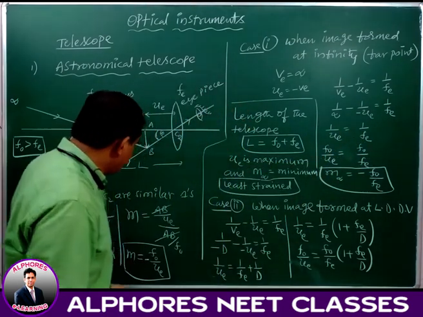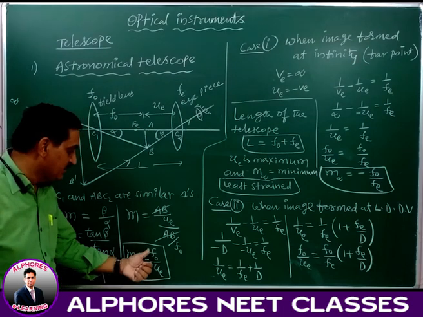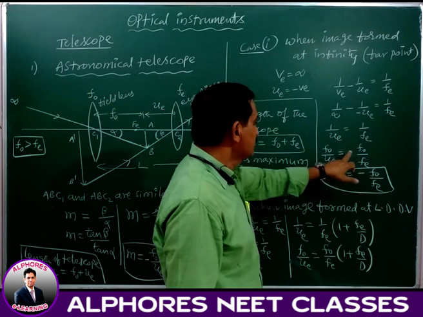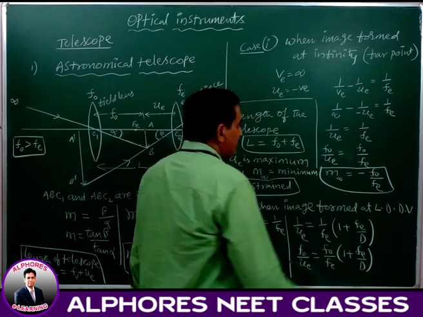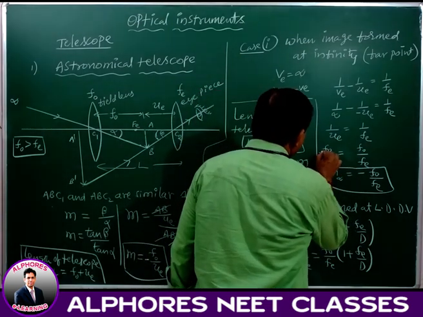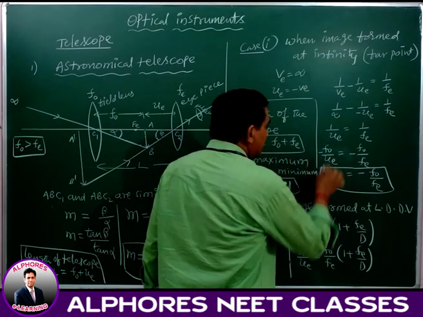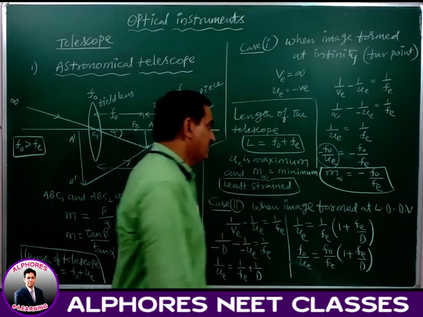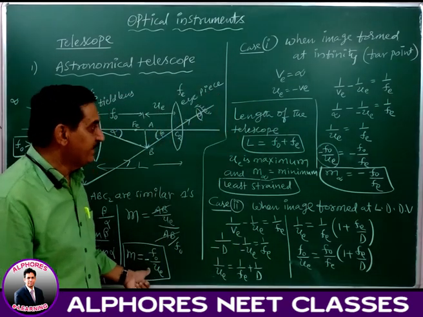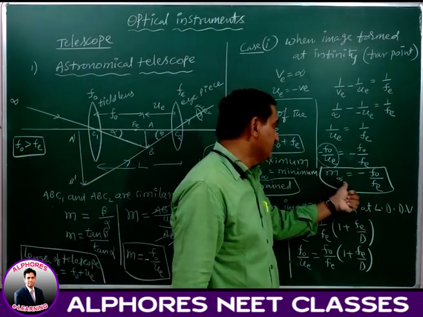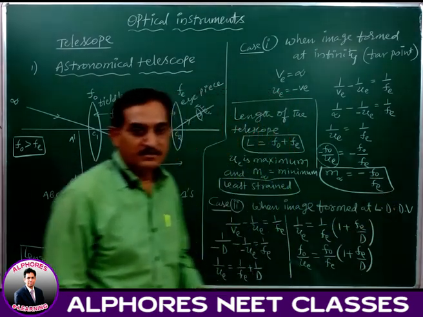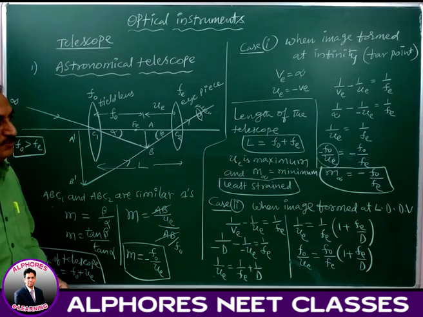Now, as we know, the fundamental magnification formula is F naught by UE. Considering the negative sign on both sides, the magnification is minus F naught by UE. Therefore the magnification at infinity is equal to minus F naught by UE.